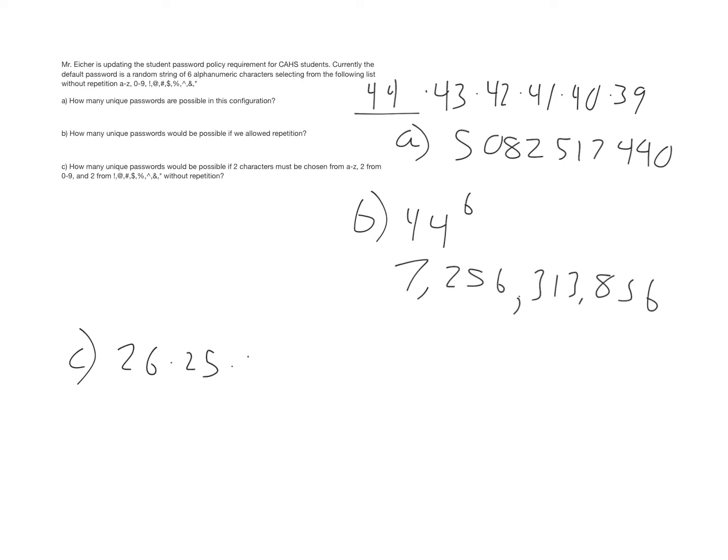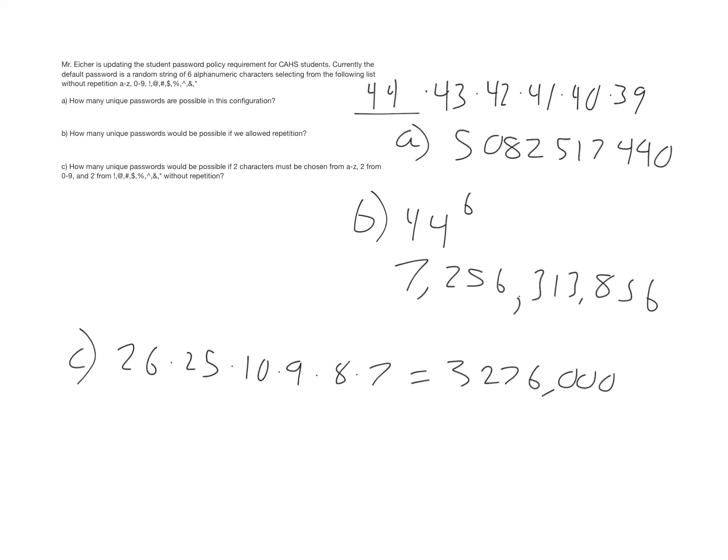Then 2 numbers, so 10 for the first number, 9 for the second number. Then for my special characters, 8 and 7 because it's without repetition. That is 32,760,000.